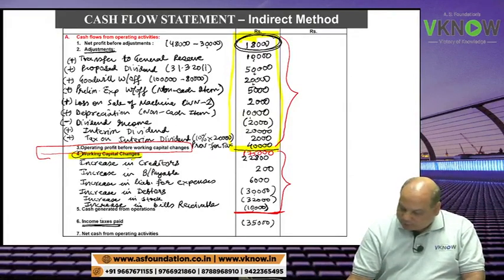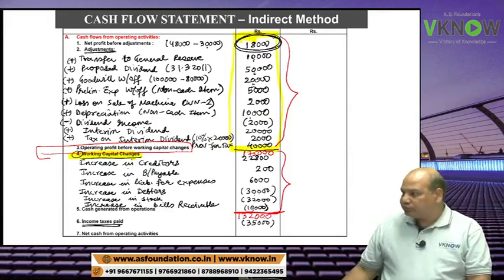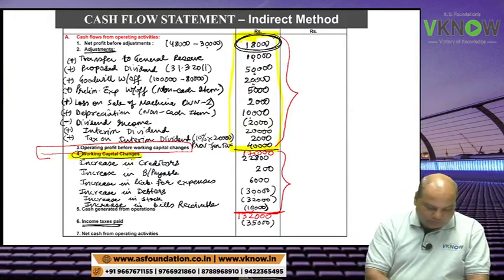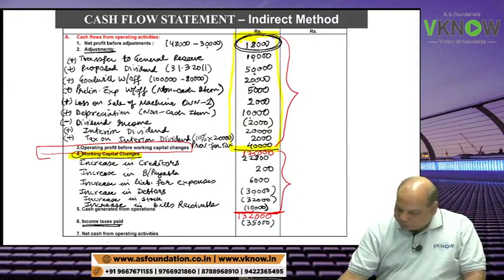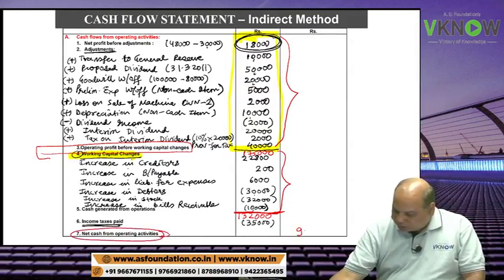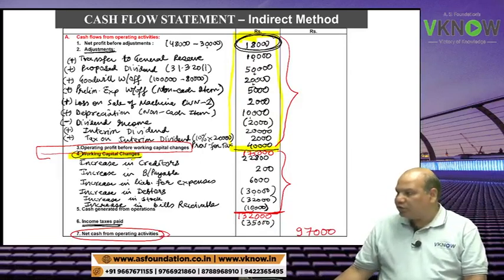So we are getting cash generated from operation 1,32,000 and minus income tax paid 35,000. So net cash flow from operating activity, please check, are you getting 97,000?